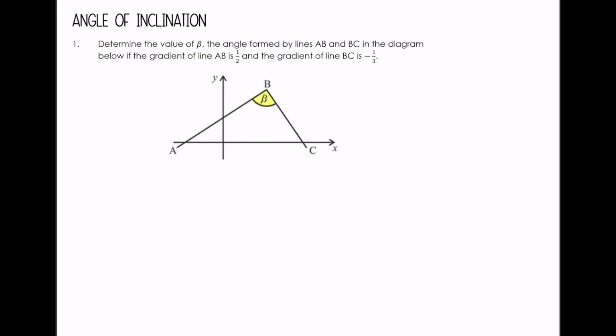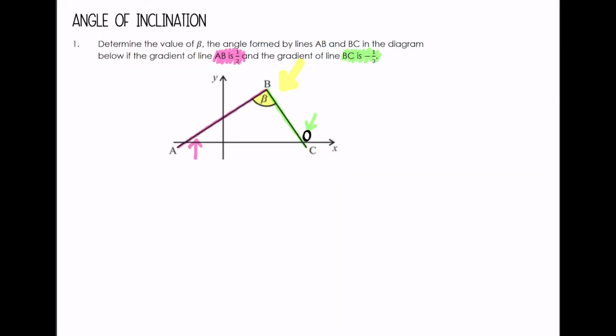When I started talking about the angle of inclination, it is measured anti-clockwise from the x-axis or from a horizontal line. Now, we can see over here, this beta that we are being asked for is floating up in the air, which means that we're not going to use the angle of inclination formula in order to determine the beta. Whenever you're working with analytical geometry and angle of inclination, it's always helpful to remember that the exterior angle of a triangle is equal to the sum of the interior opposite angles.